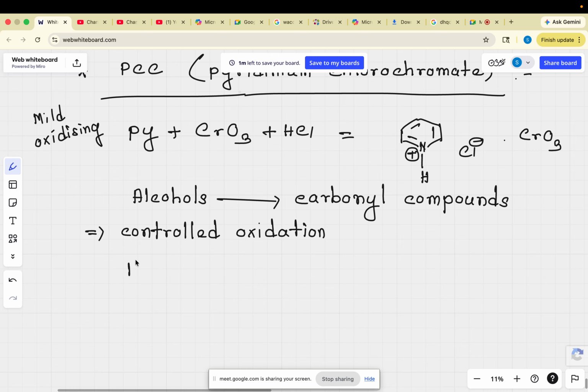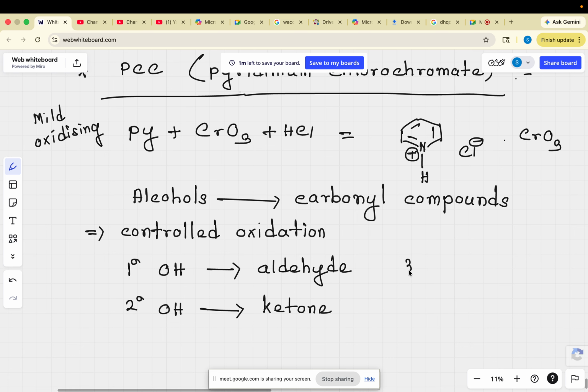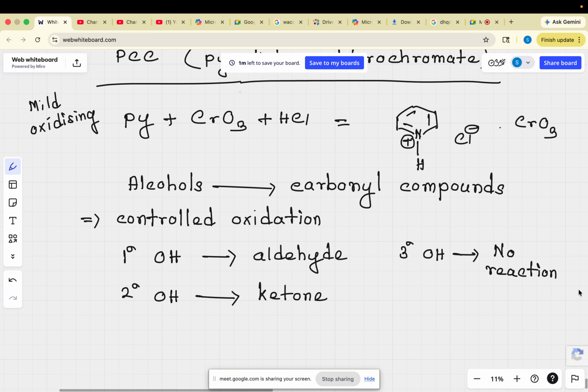If you have primary alcohol, that will oxidize to aldehyde. If you have secondary alcohol, that will oxidize to ketone. If you have tertiary alcohol, no reaction will take place.